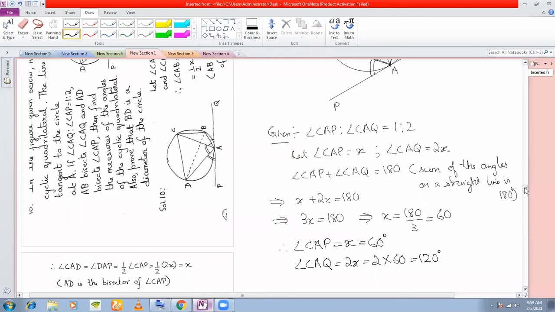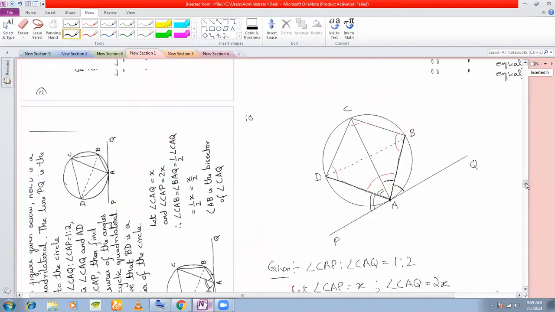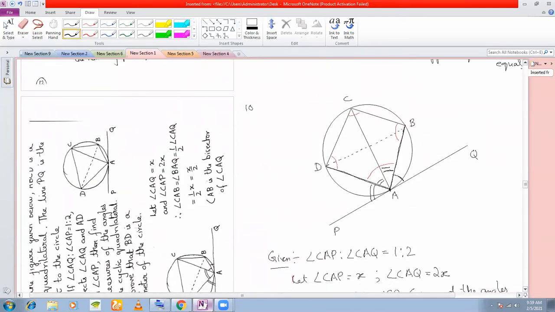So we've got the measures of these angles. This entire angle here is 60 degrees, and this entire angle here is 120 degrees.